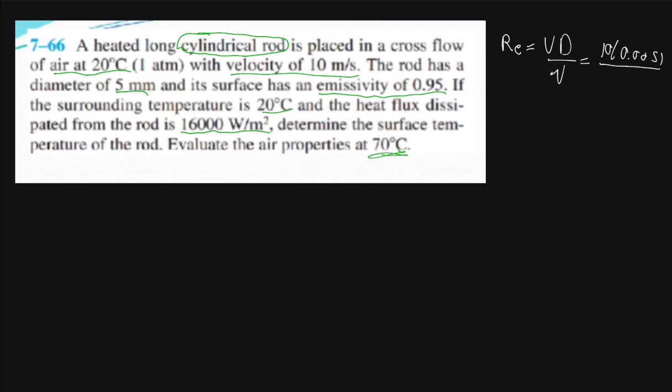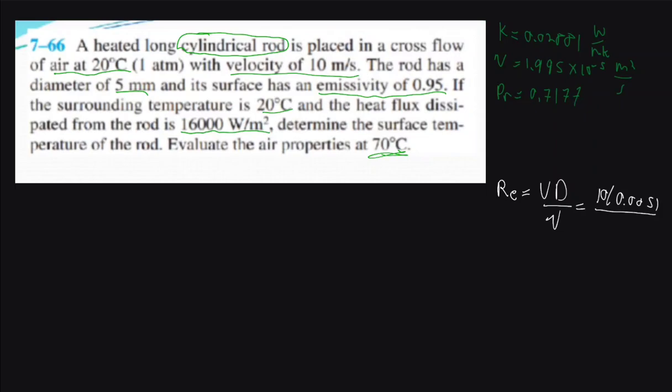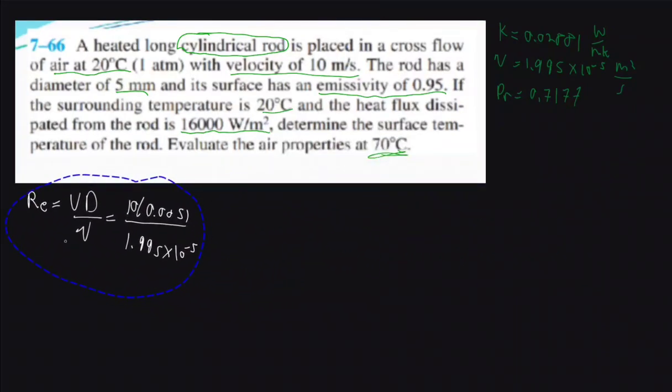And the kinematic viscosity isn't given, but we can get that from a table. So let me grab all of the relevant information from a table. All of these I just read from the table at 70 degrees C, which is what it told me to do. Now we can continue with the kinematic viscosity, 1.995 times 10 to the negative fifth. I'm going to move all of this over here.